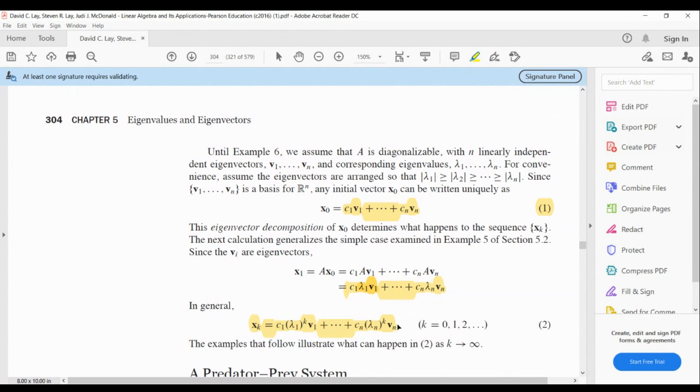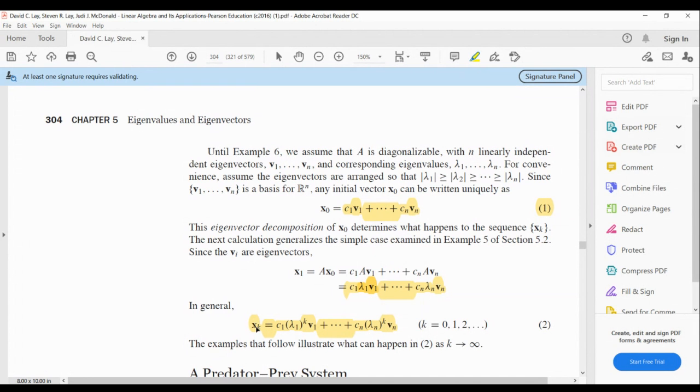the x sub k vectors give information about a system as time, denoted by k, passes, as in k months, k years, k days.